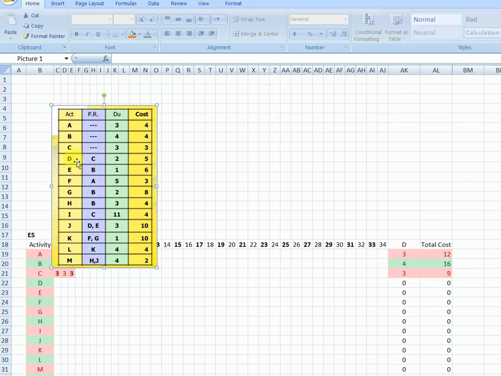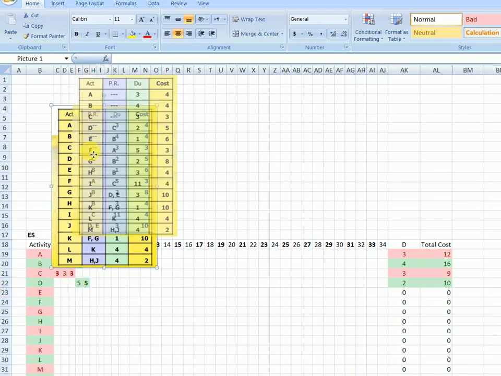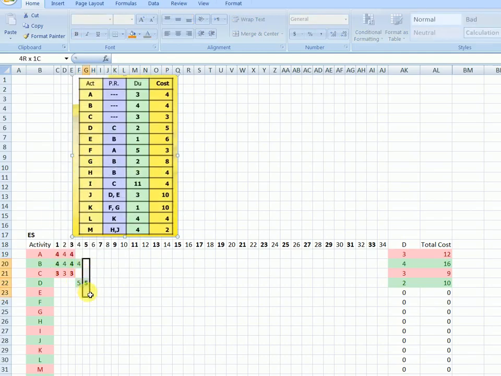Look at this. D depends on C, has a duration of 2, each has 5 days. Duration of 2, it must be 2, beautiful. Similarly, E depends on B, you must be careful here. It has a duration of 1, cost 6. I should see this column equal to this.